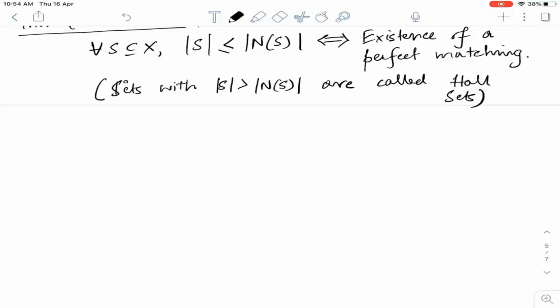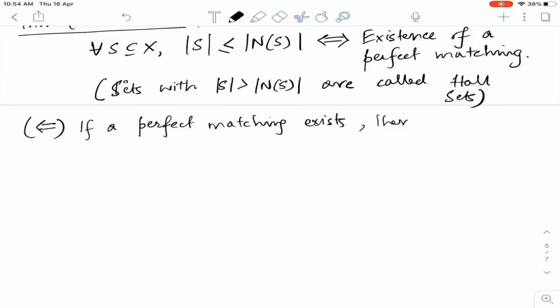Okay, so let's just do one side first. So if a perfect matching exists, then clearly for every S belonging to X, |S| is less than or equal to |N(S)|.